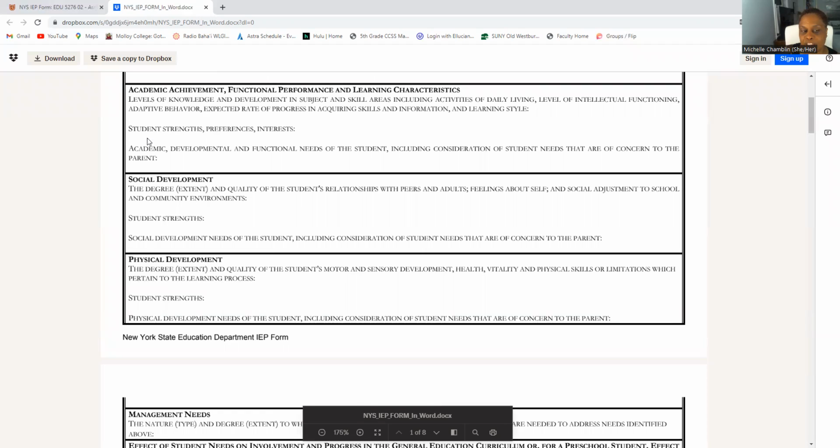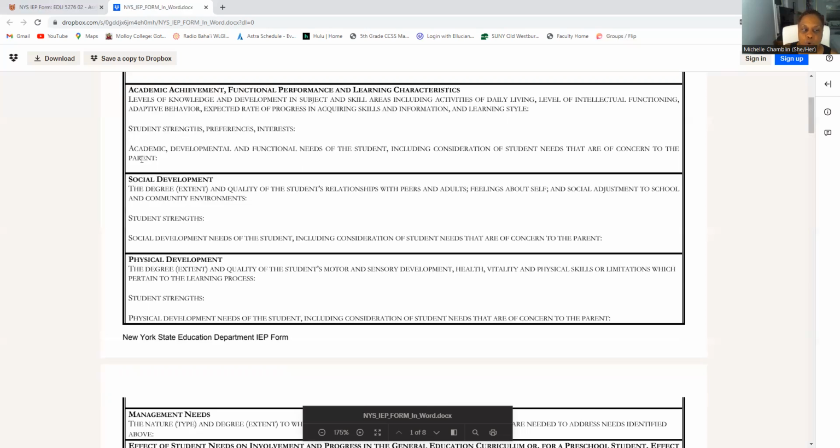So in our academic achievement, and functional performance and learning characteristics of the students, we always start off with the student's strengths, preferences, and interests. So we look at that, and then we put the characteristics of the students, and all students have strengths.